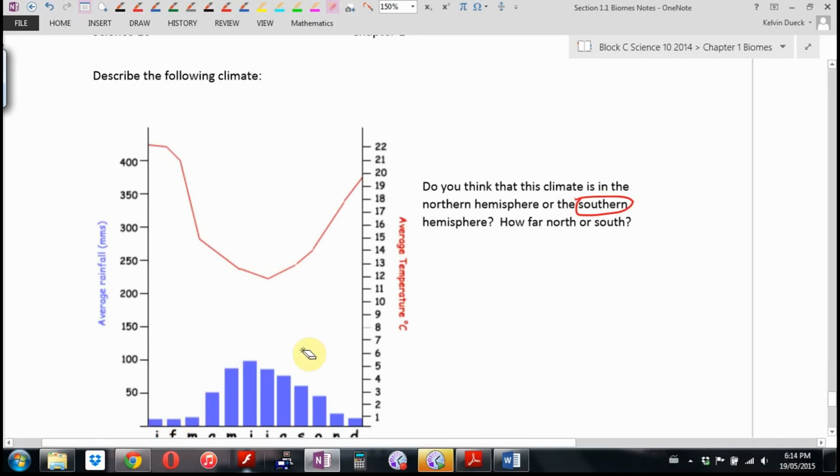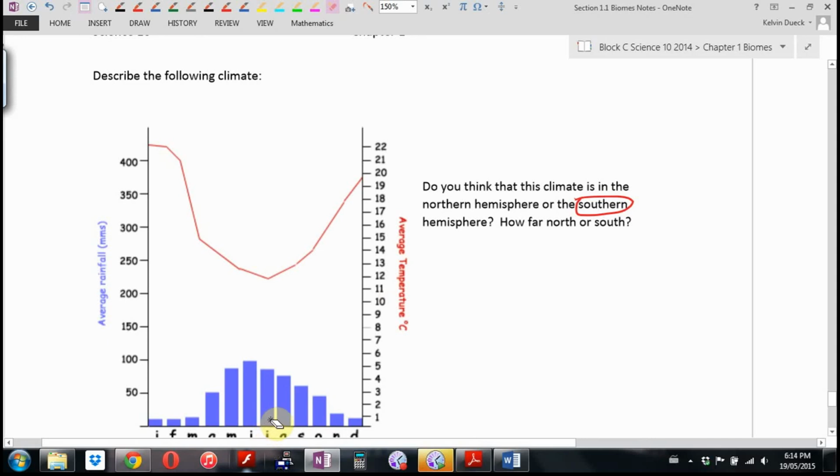How wet? I need to know what 100 millimeters of rain is really, really like. How far north or south, I wrote. Well, let's see. How cold does it get in the wintertime? In the wintertime, the average temperature, the coldest it gets is 12 degrees, which is still pretty warm. It definitely doesn't get below freezing, not even close.